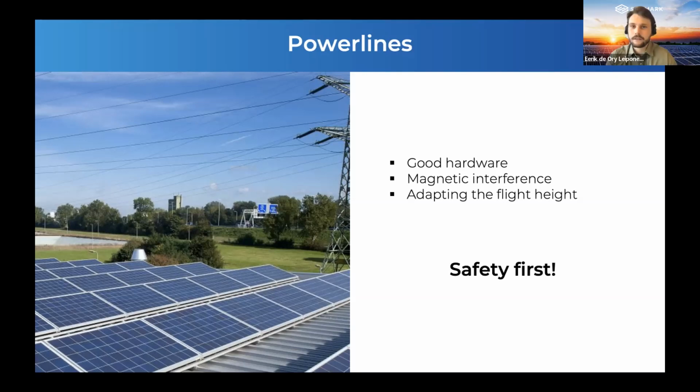Yoni, do you have any experience with flying over power lines in Israel, or is it not as big a problem? Yeah, I must say that usually we don't see power lines over the solar site itself, because obviously it causes constant shading for modules, and the asset owners wouldn't like that. But we can occasionally see power lines cutting through a site, and then the site is split into two.